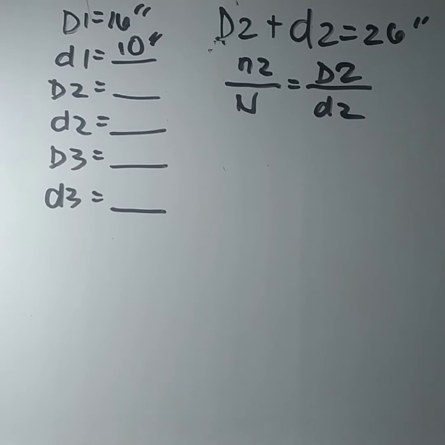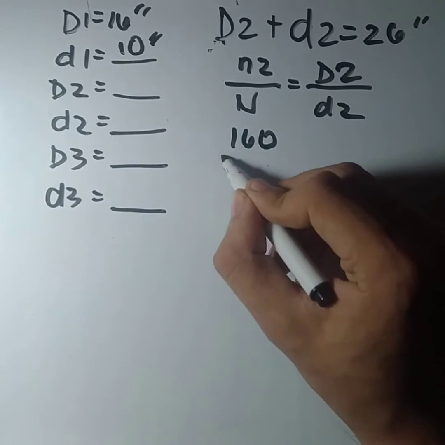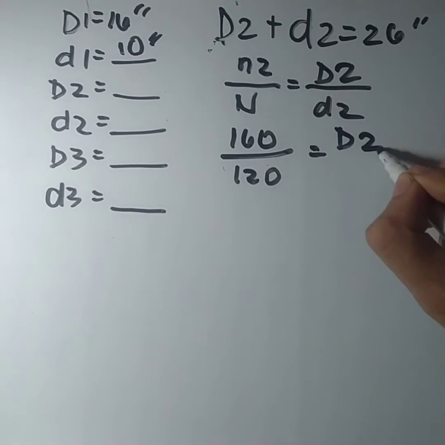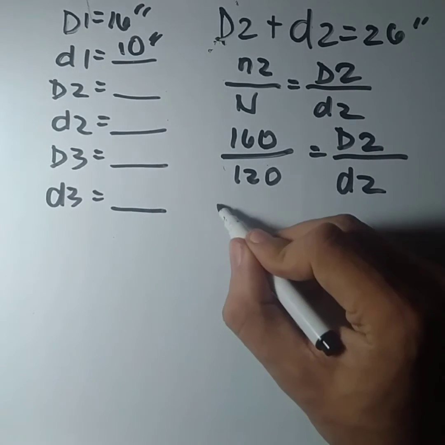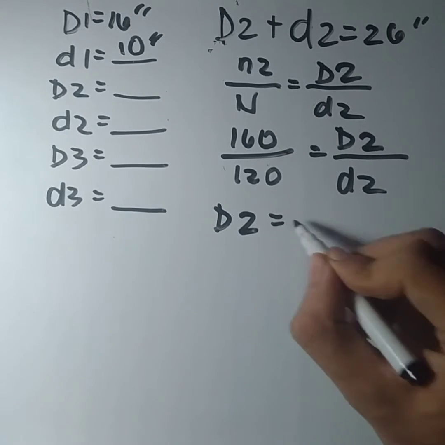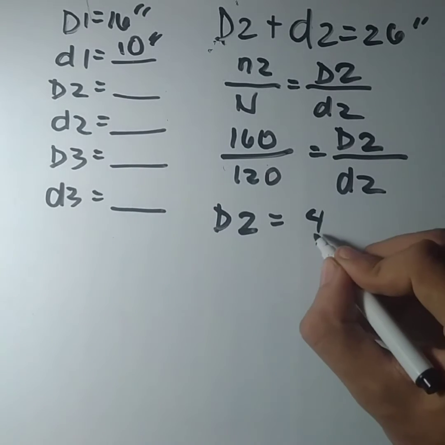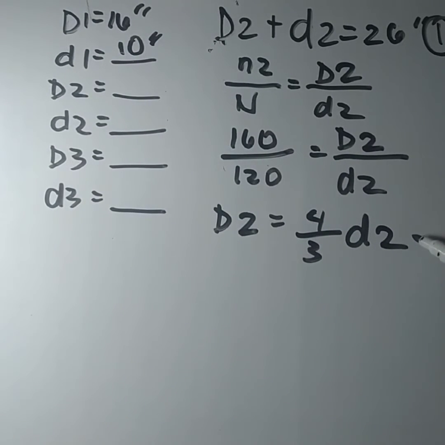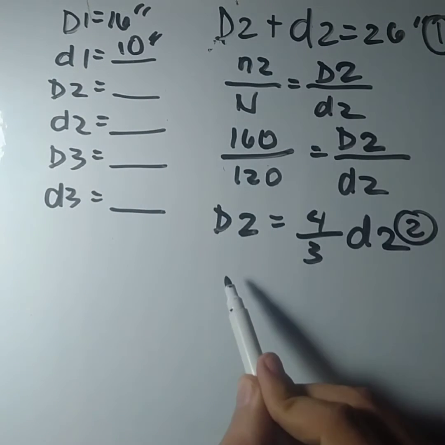So, para makuha po natin yan, substitute lang po natin. 160 over 120 is equal to... wherein, kapag i-rearrange natin itong equation, we have diameter 2 of the driver shaft is equivalent to 4/3 of diameter 2 of the driven shaft. So, we have equation 1. We have equation 2.